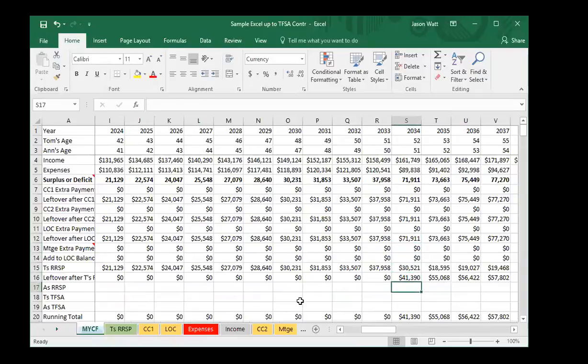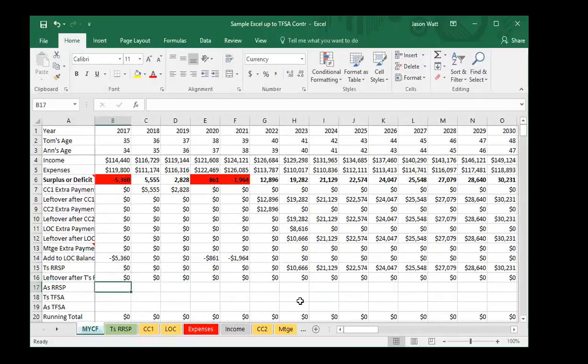And we're going to put those onto Ann's RSP. We're going to do the same thing that we previously did. We're just going to start with a 0 here, and then we're going to basically steal this formula where we say it's going to be the smaller amount between Ann's RSP limit and the actual amount available here. So it's going to be an equals minimum between the leftover amount and we're going to use Ann's RSP balance from the previous year.